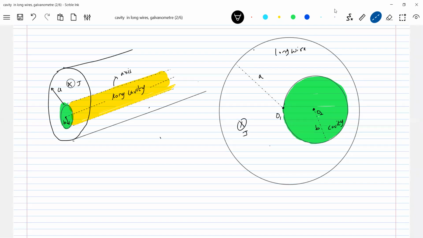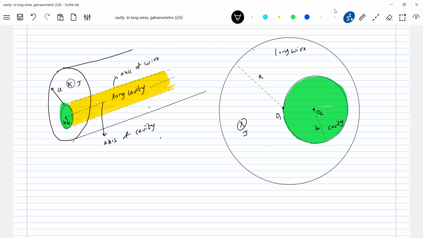So this is the axis of the wire. So how to solve the cavity problems? What is my question? What is the field inside the cavity? What is the field outside? Anywhere. So at all points in the region surrounding, we have to find out for the cavity.